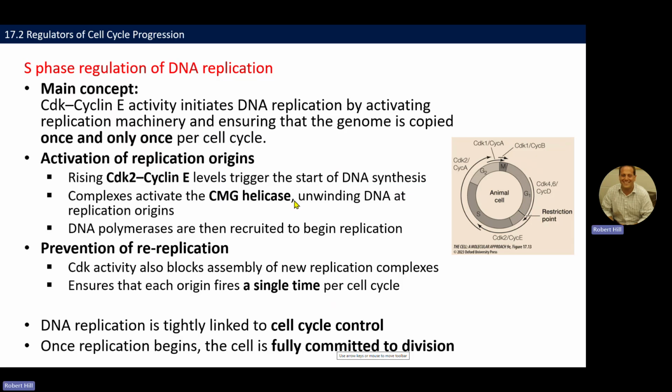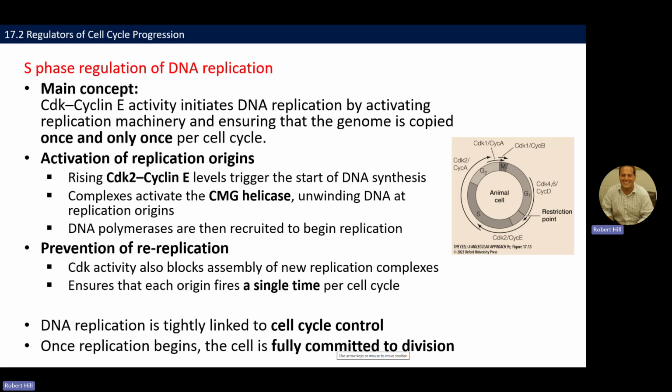All right. So here we're going to talk about how CDK2 and cyclin E initiates and regulates DNA replication. Okay. So CDK2 cyclin E is going to initiate DNA replication, and basically rising levels of this complex activate replication machinery.